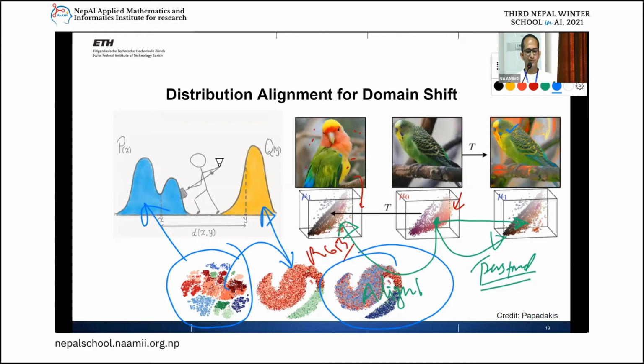So the one above, I gave you the example of aligning the distribution in the pixel space, and the one below is aligning the distributions of the data points in the dataset space, right? I mean, all datasets.